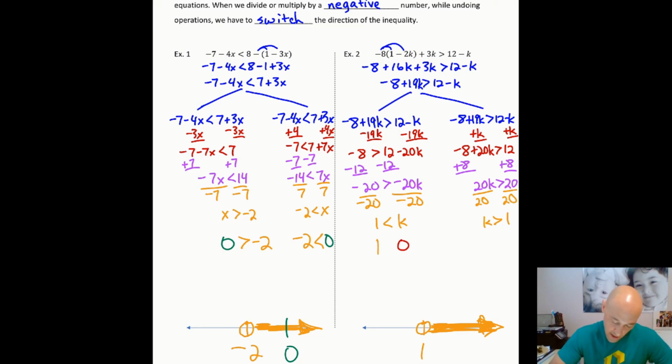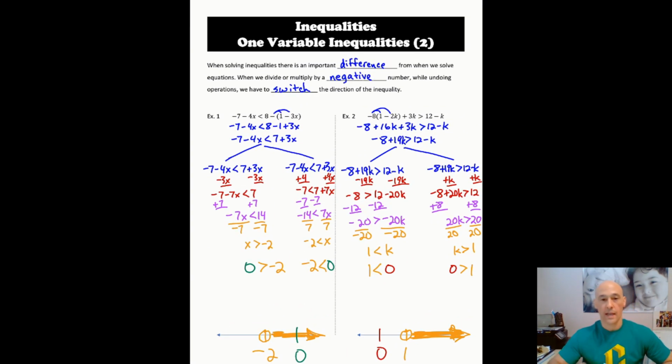It doesn't have to be, but it's nice and easy. So 0 is greater than 1? And 0 is right here to the left of 1. This is not true. 1 is not less than 0. 0 is not greater than 1. So we don't shade this direction. We shade the other direction. And that is our second video for one variable inequalities.